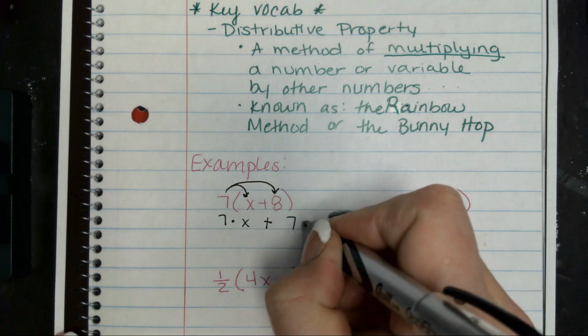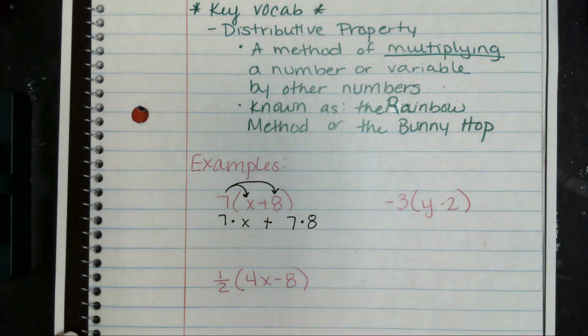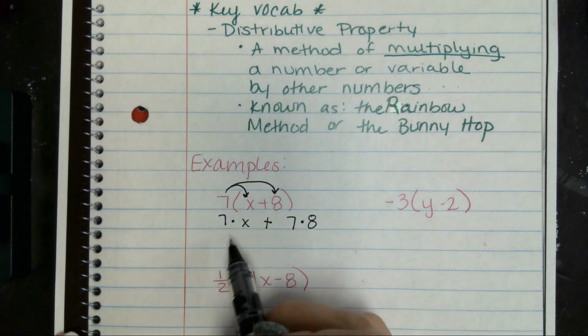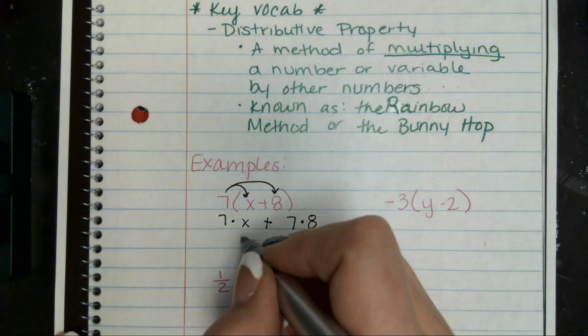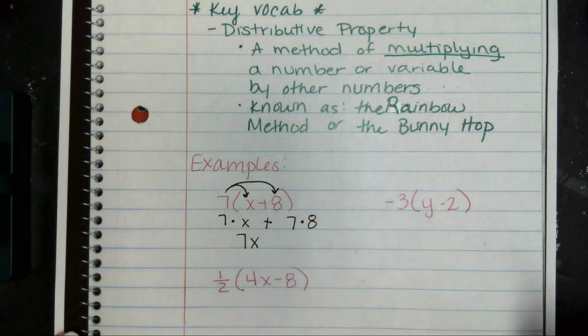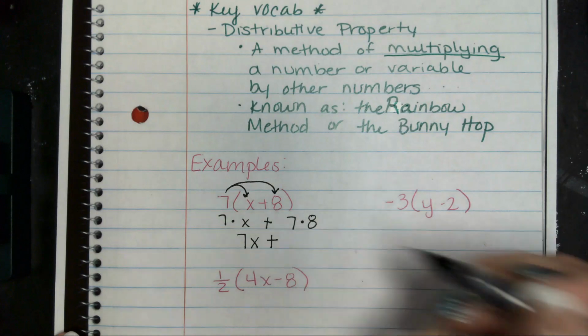So 7 times 8. Now remember, we no longer use x to indicate multiplication. To indicate multiplication, we either use a dot or we use parentheses, so you could use either one. I'm going to stick with a dot right here. So now I have 7 times x. That'd be 7x, so I'm going to write that down below. I'm going to bring down my plus sign.